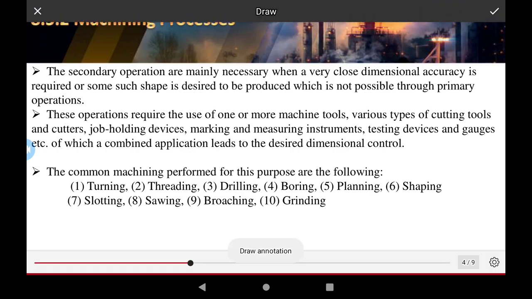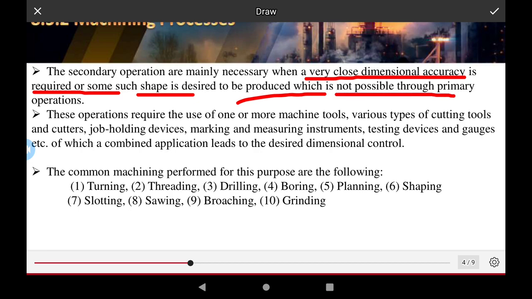The secondary operation is mainly necessary when very close dimensional accuracy is required for some parts, which is not possible through the primary manufacturing operation.